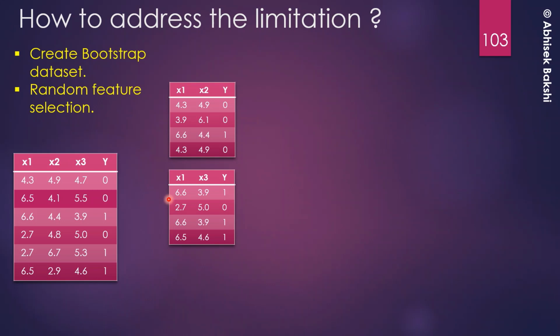Just assume I've told you to select one row at a time, and you do this 4 times. When you are doing it 4 times, it does not mean that whatever row you have already selected will never come next time. It's not like that. There can be a repetition of the row in the sub dataset.